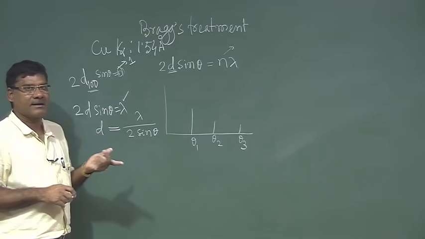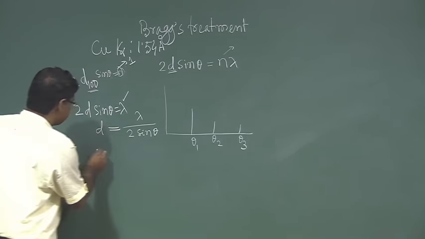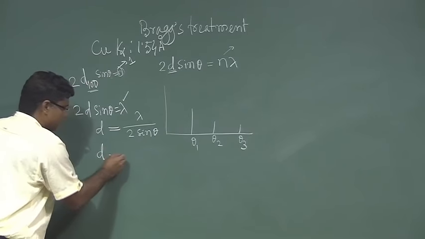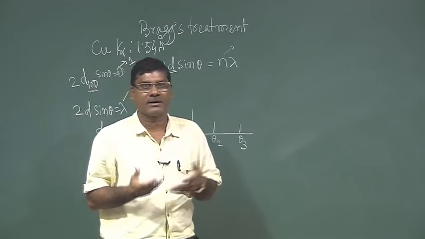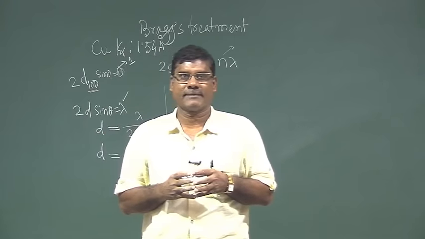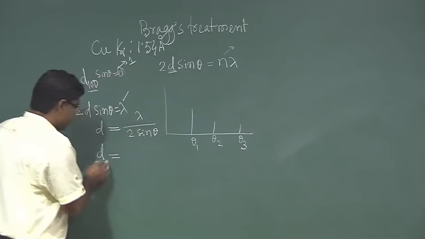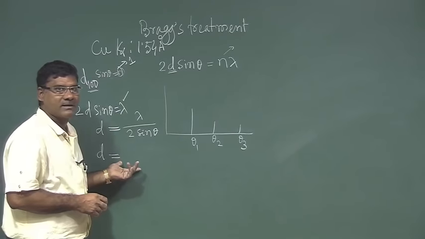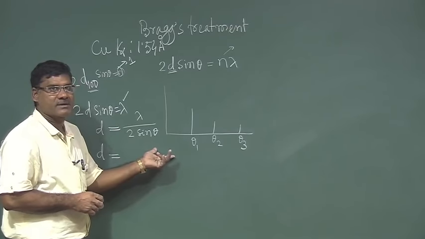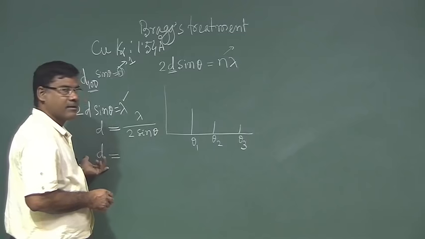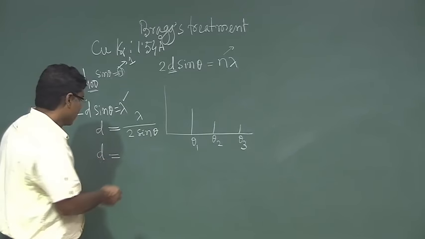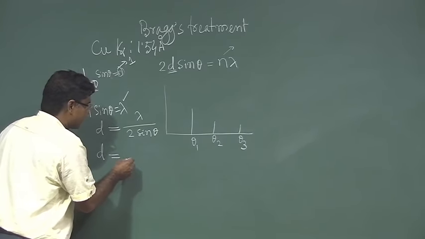Now, d is related with the lattice constant. Let us consider only a simple cube, okay, it will then be easy to understand. We know the relation between the lattice parameter, lattice constant and the lattice spacing. So, what was that relation?